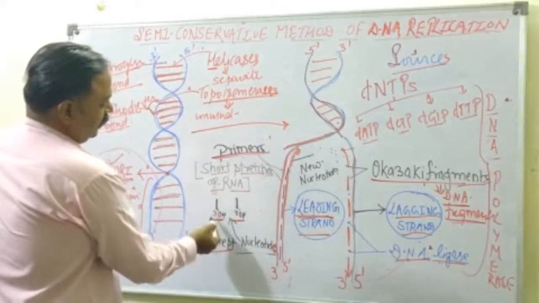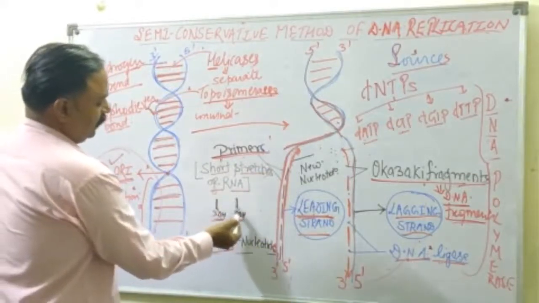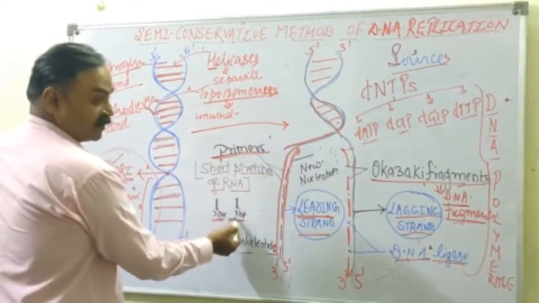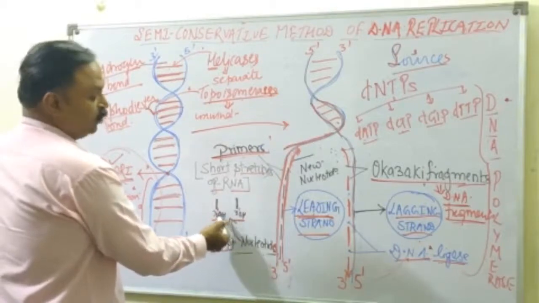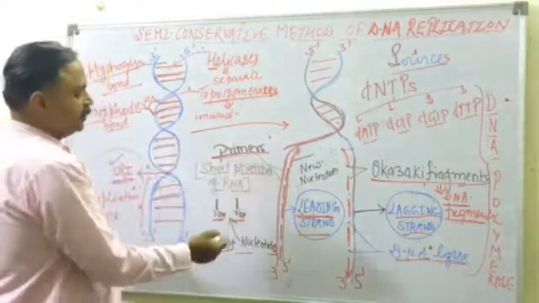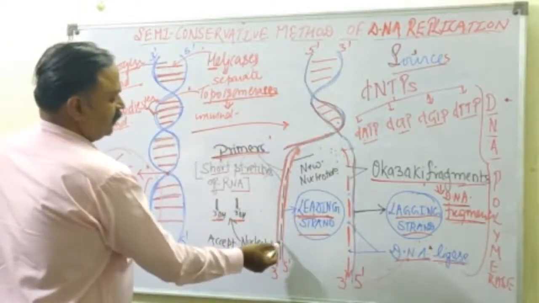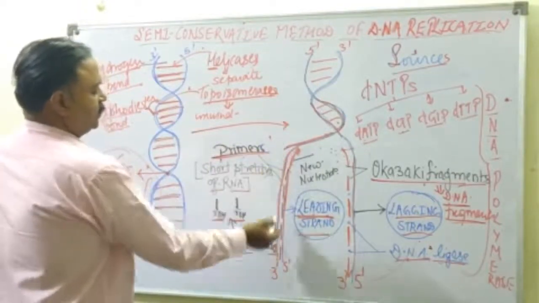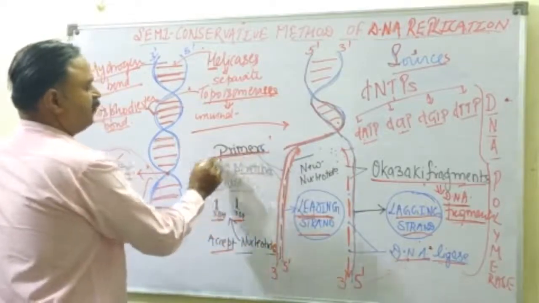At one end, that is the 3' end, a hydroxyl group is there. This 3' hydroxyl group forms the acceptor end for new nucleotides. That is the function of primers.